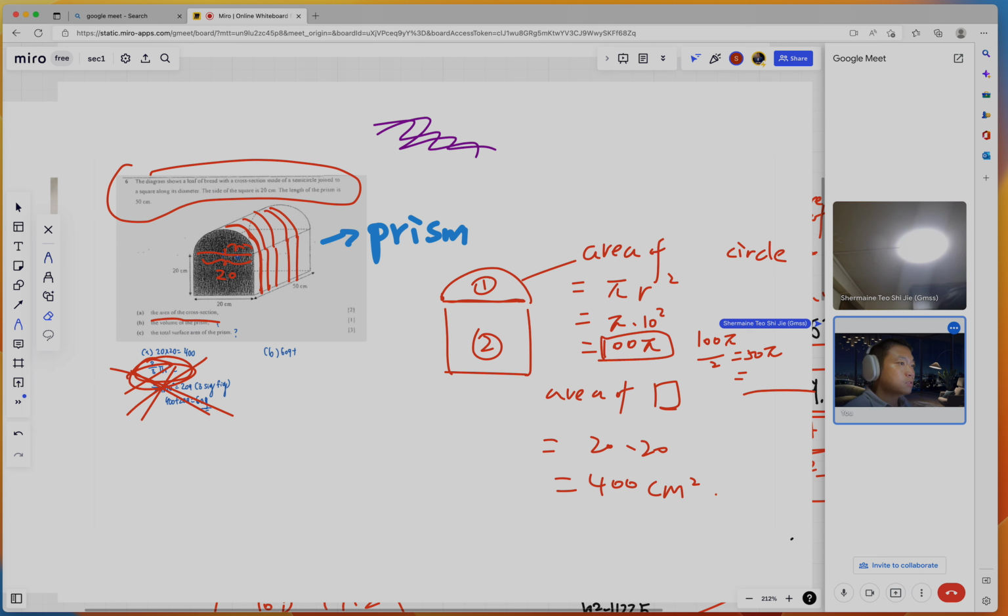Not enough space, just make use of the entire length here. Then write down the final answer to 3 significant figures.